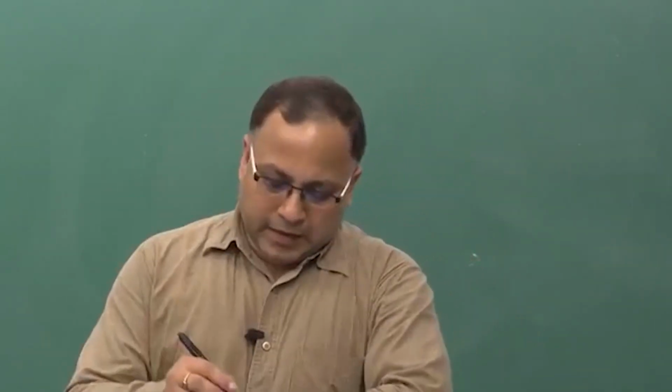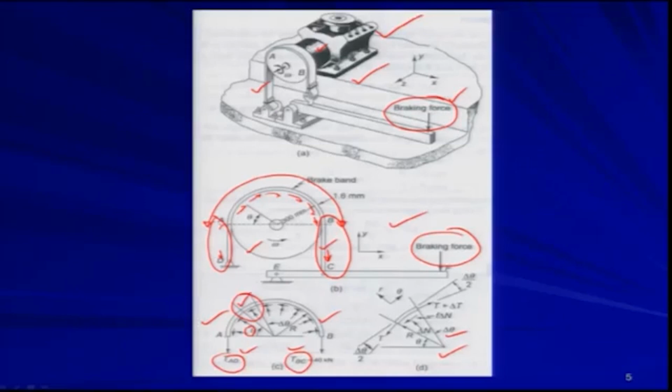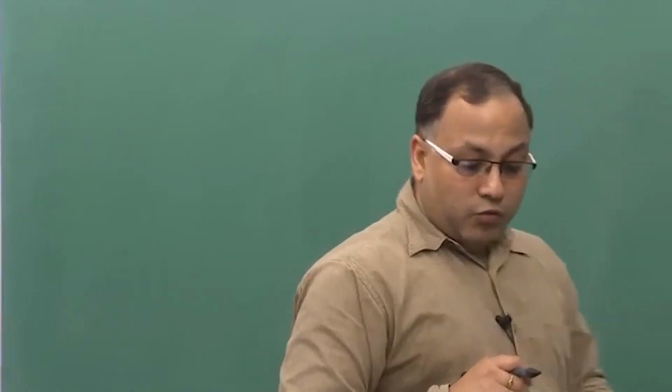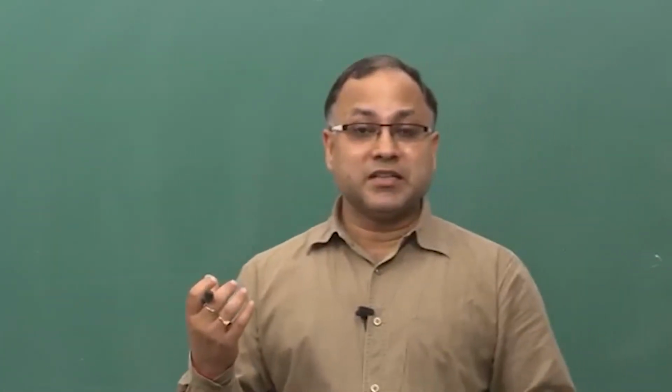Now if I consider a small element like this, on this face we have a tangential force T. On the other face we will have some differential increment in the tangential force, that is T plus delta T, because the tension is not the same. What is causing this difference? As I told you, the frictional force.